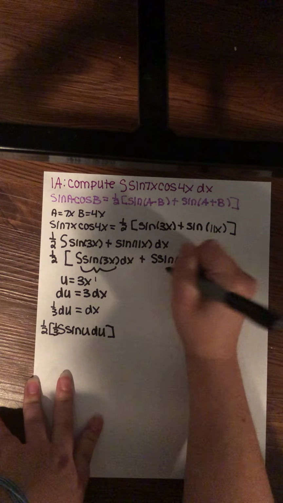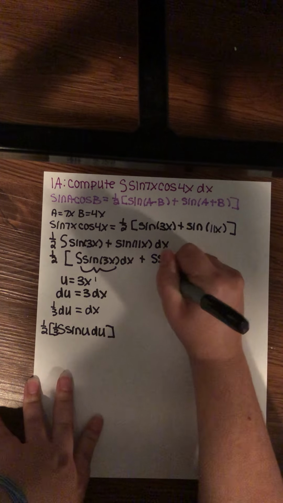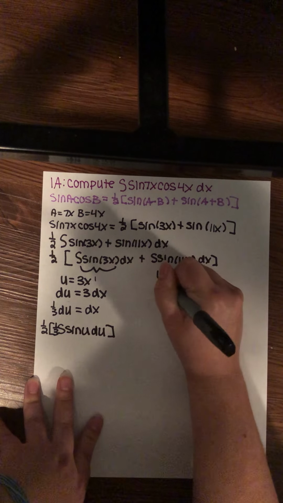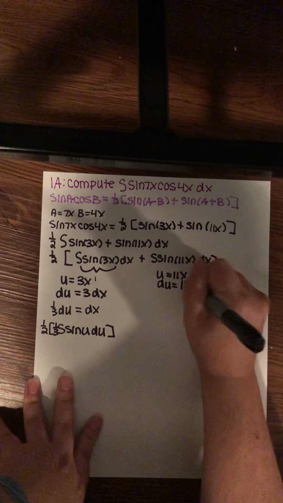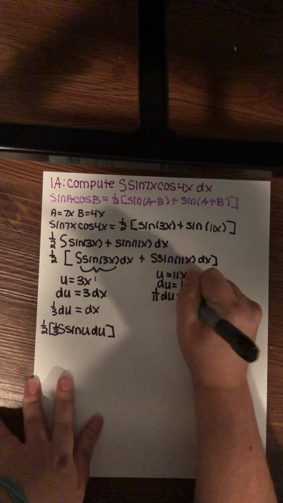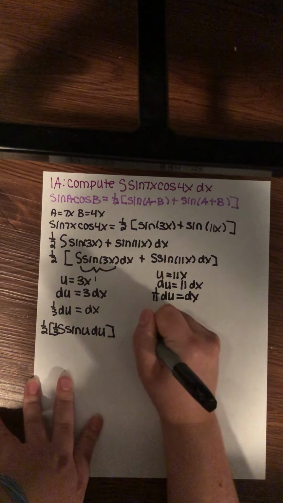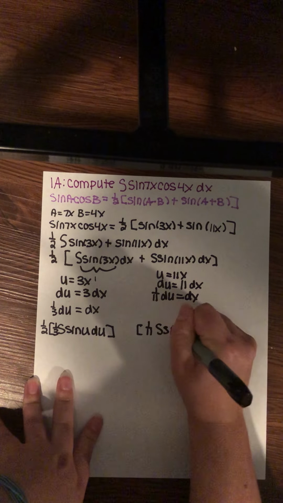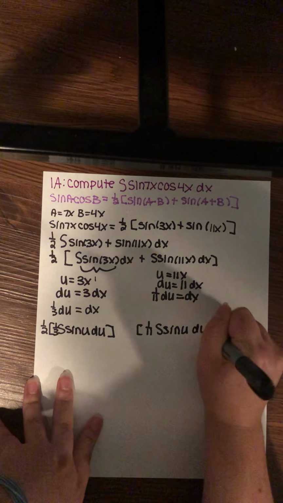And then for this one, the same thing. u is 11x. And du, derived the same way, equals 11 dx, which means that 1/11 du equals dx. And we're going to plug that in, which would be 1/11, the same way, sine u du.